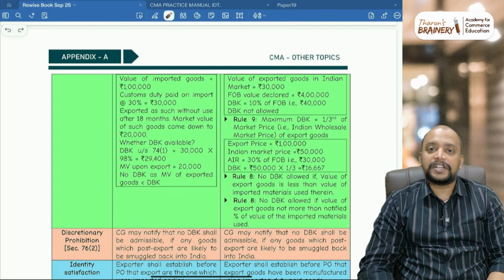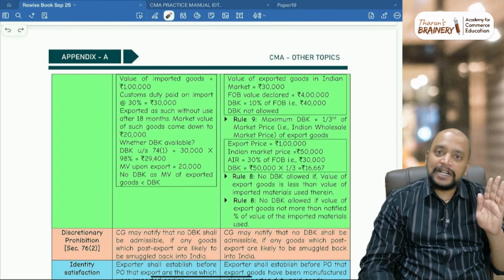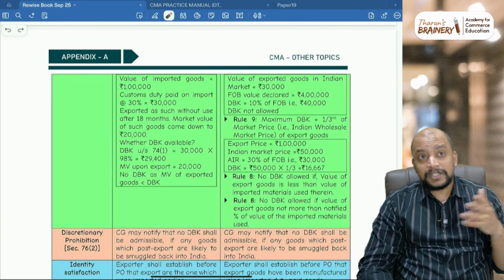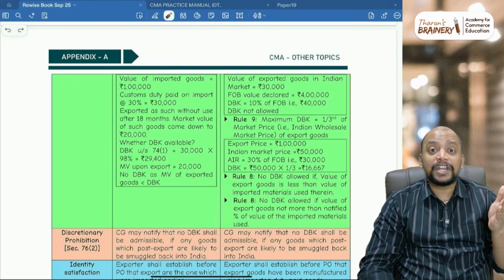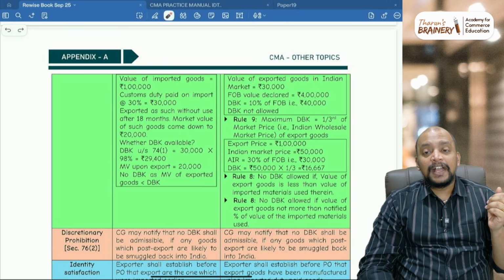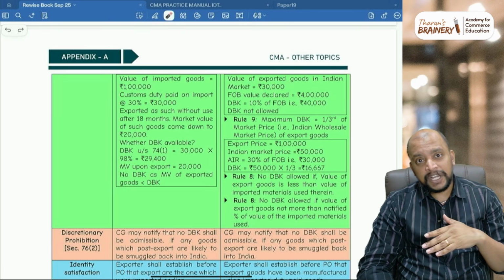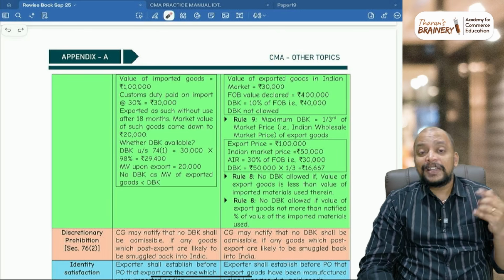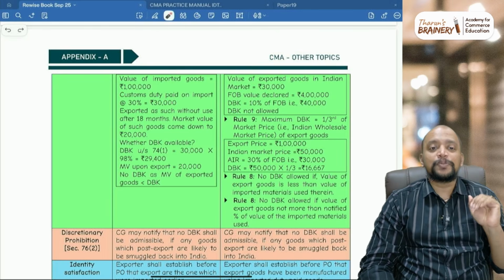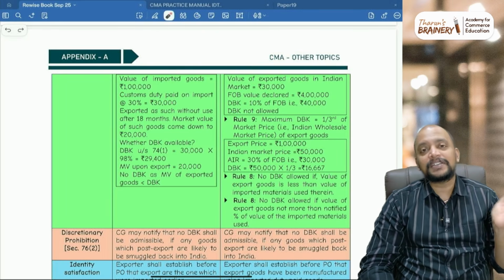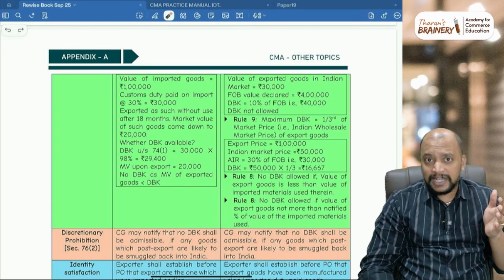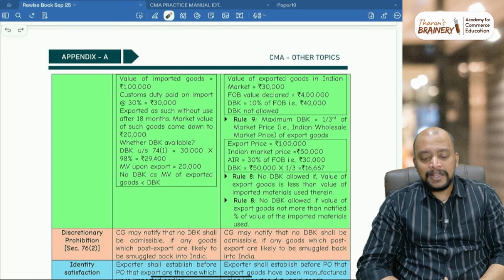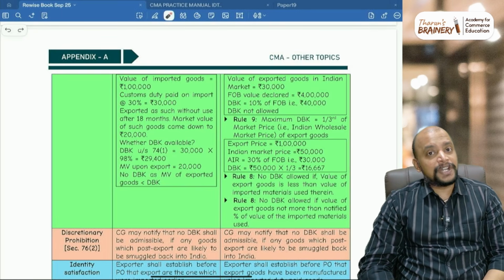I remember they released the S24 at 1,49,999, and when they launched the S25, because of the Big Billion Day sale, it was available at 75,000 rupees itself. Half the rate. So definitely it will come down. Like that, the market value of the goods came down to 20,000.